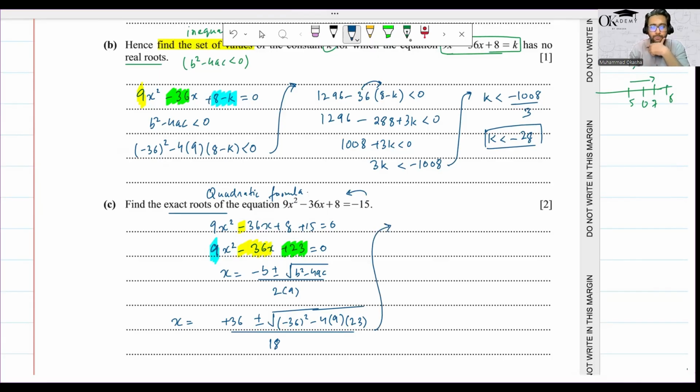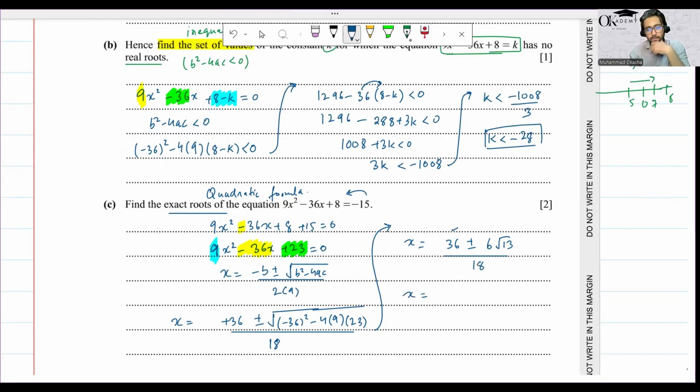Now I will do all of it in the calculator. So if I were to do that, I'm going to get positive 36 plus minus. If I were to put all of it in the calculator, I'm going to get 6 square root 13. You can try this in the calculator. 13 divided by 18, right? Is there something I can factor out as common?